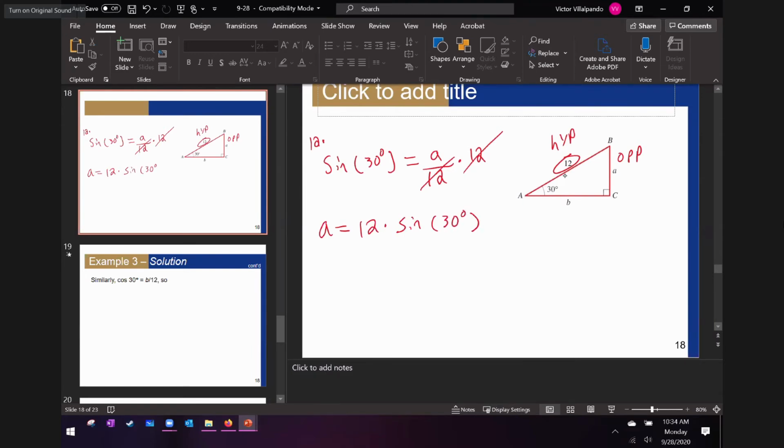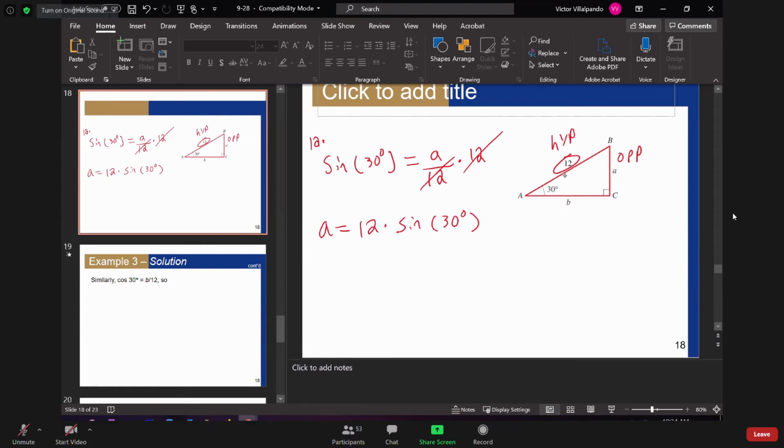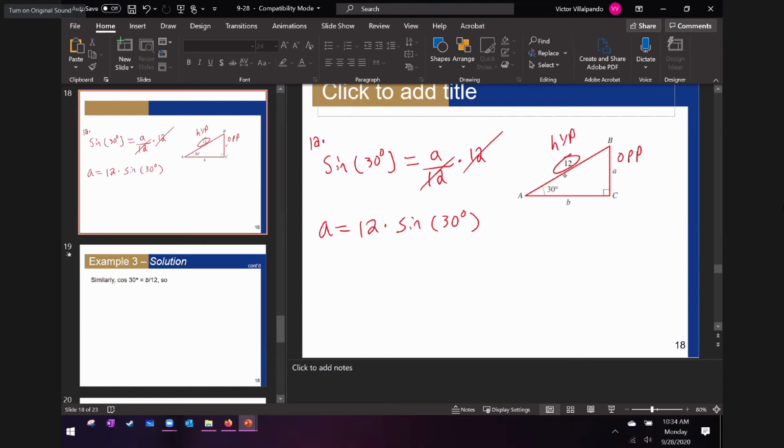And I believe now we can solve that, can't we? So to find A, we look for the equation that relates A to the lengths of the angles that we know. In this case, I went ahead and used sine 30 degrees is equal to opposite over hypotenuse, which is A over 12. Solve for A, not just yet, because I need your calculators to be in degree mode. Once they're in degree mode, find sine of 30 degrees.